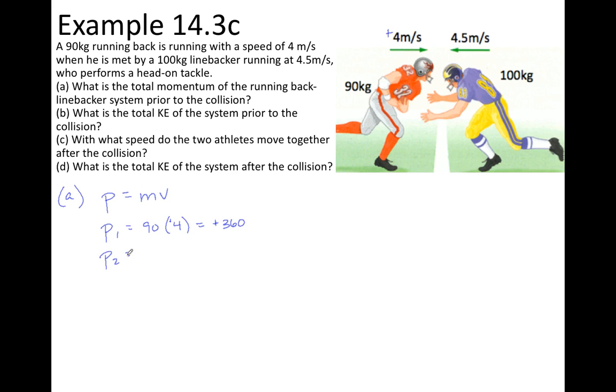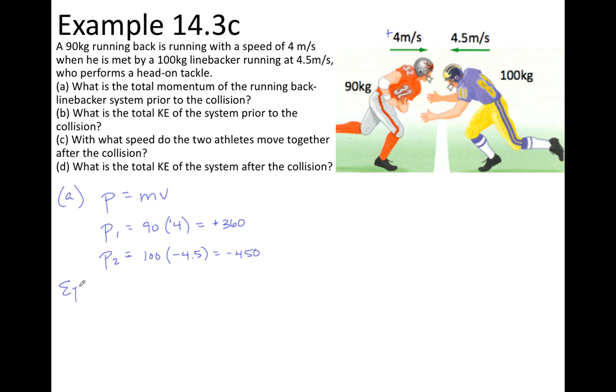The second player, his momentum will be his mass, which is 100 kilograms, times his velocity, which is in the opposite direction, so it has to have the opposite negative sign, and he has a momentum of 450 kilogram meters per second.